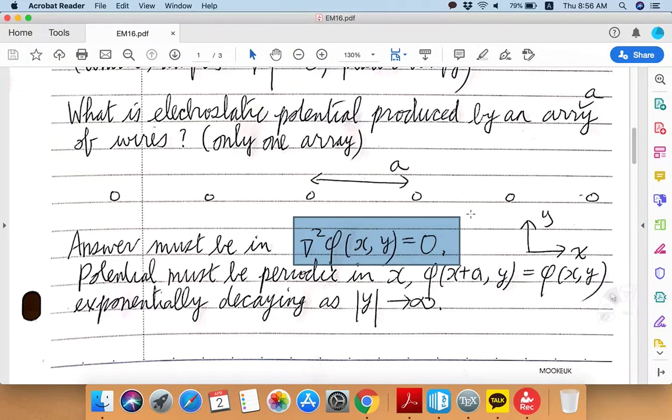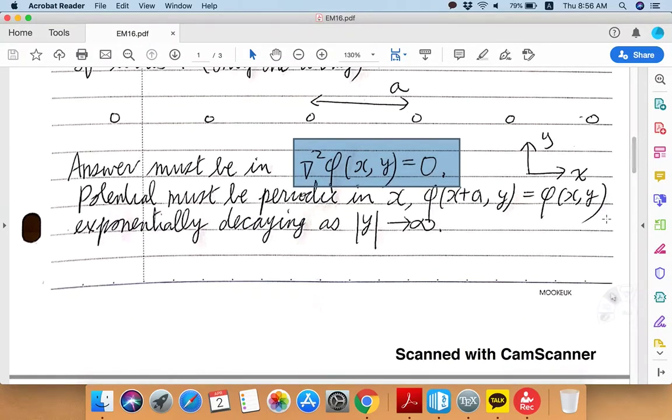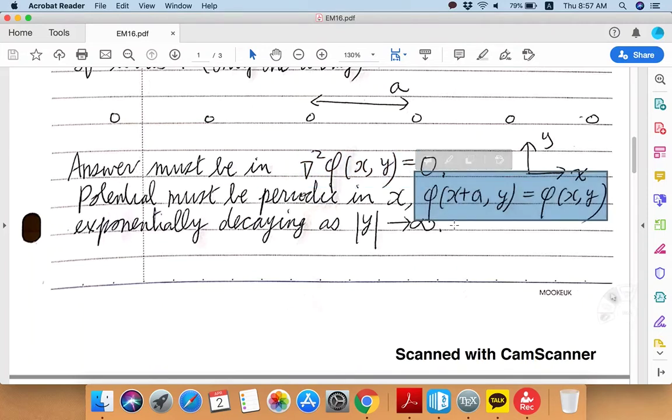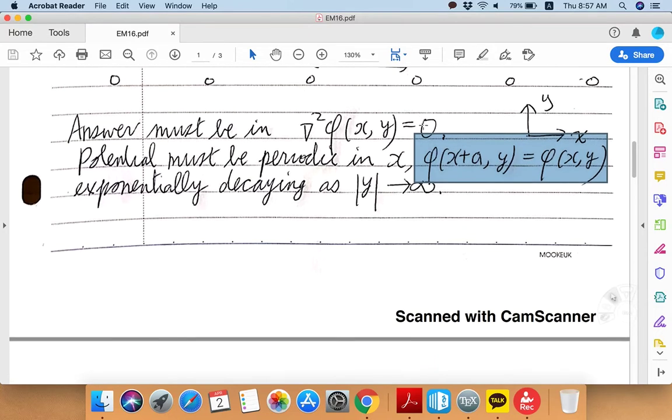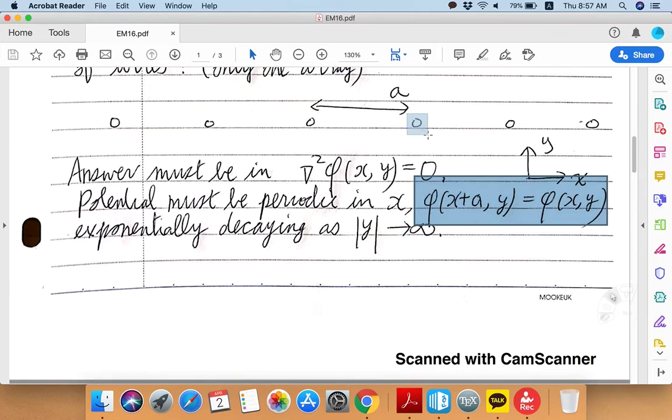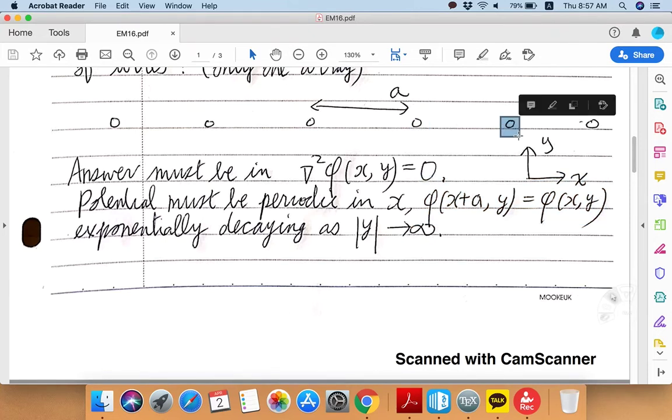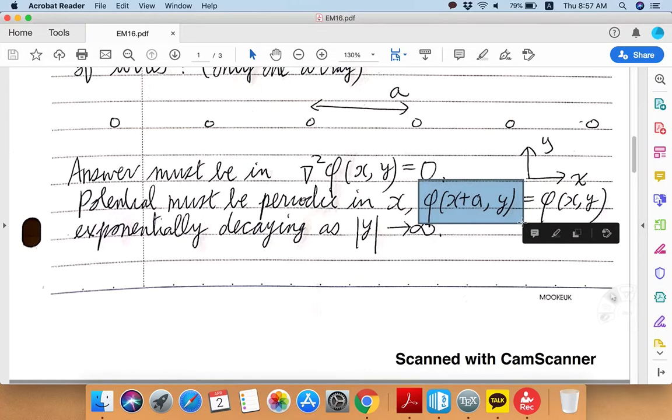And in addition, we already know, without even having to solve this problem, that this solution, whatever the form may be, must obey this periodic condition, because these potential sources are placed at periodic intervals. Okay, so the potential produced by such a periodic array will also be periodic. There's no escaping that conclusion.